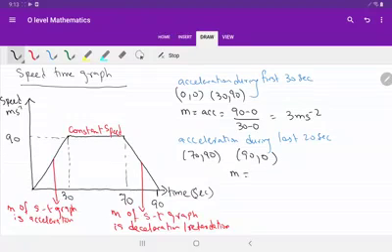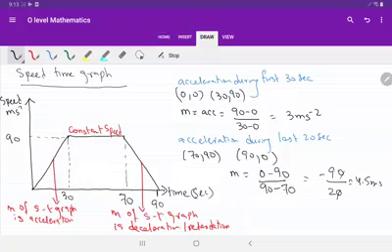So the gradient will be 0 minus 90 over 90 minus 70, which is minus 90 upon 20, which is 4.5 meters per second square. If you are told to find the acceleration, the result is minus 4.5 meters per second square.